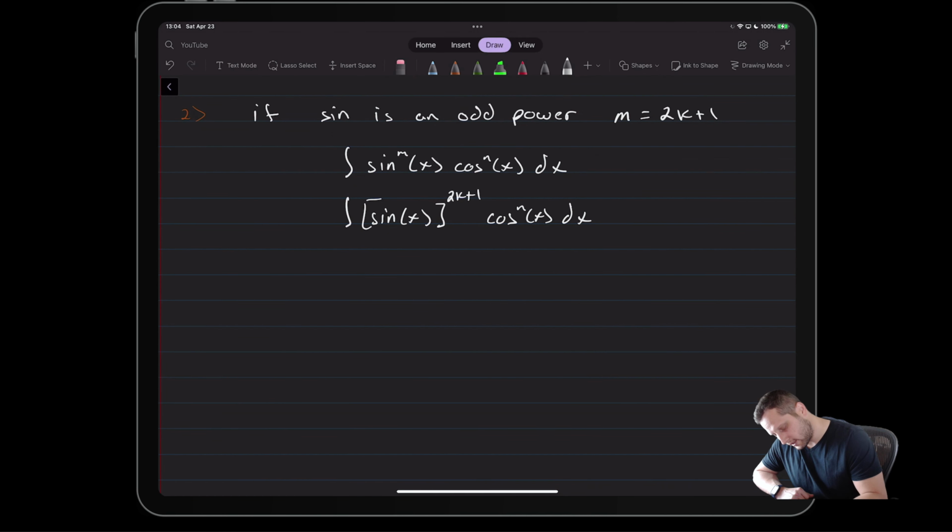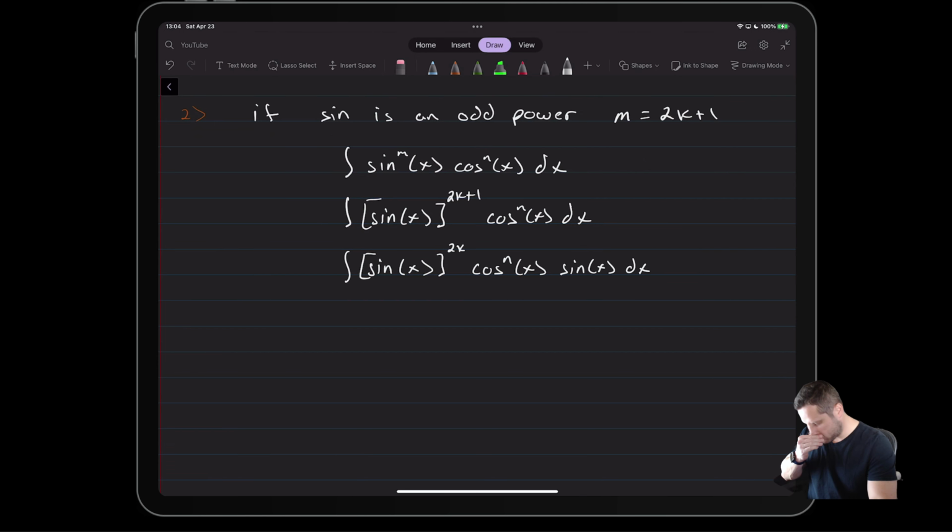We separate this sine into sine to the 2k power times sine, and move that sine over to the dx, because this is all multiplication. So we end up with sine of x to the 2k times cosine n x times sine x dx.